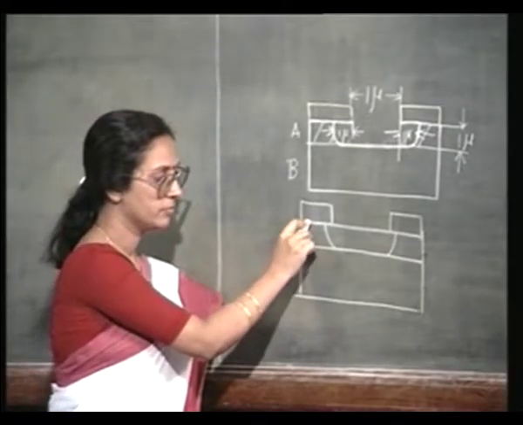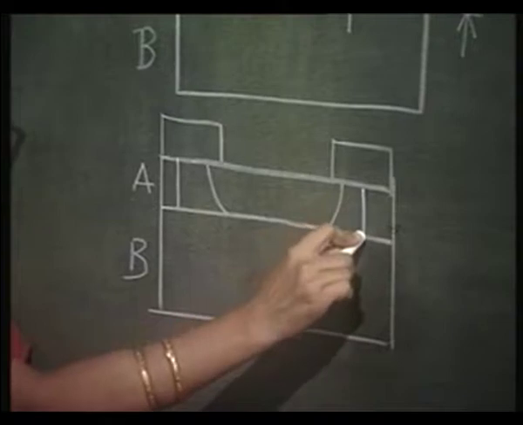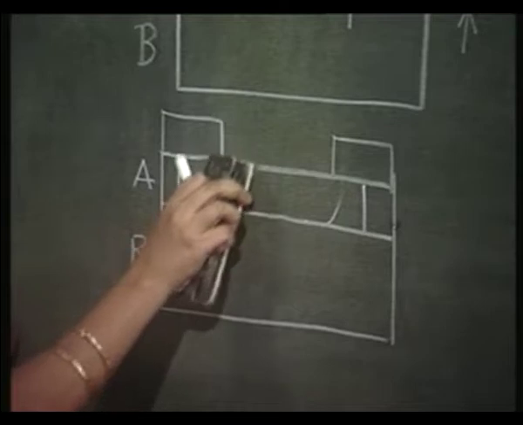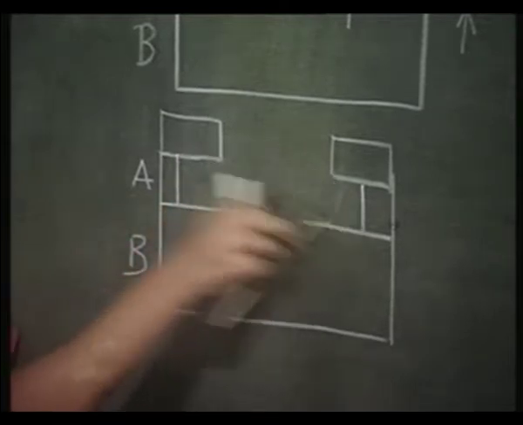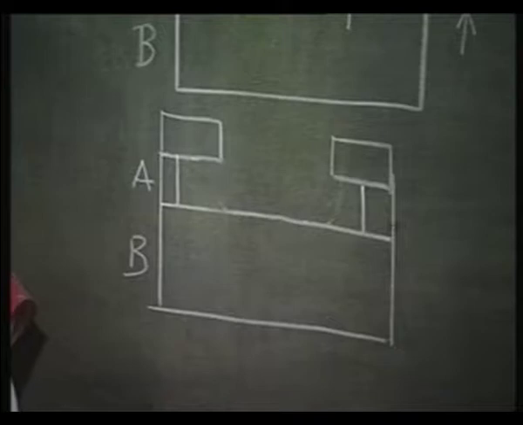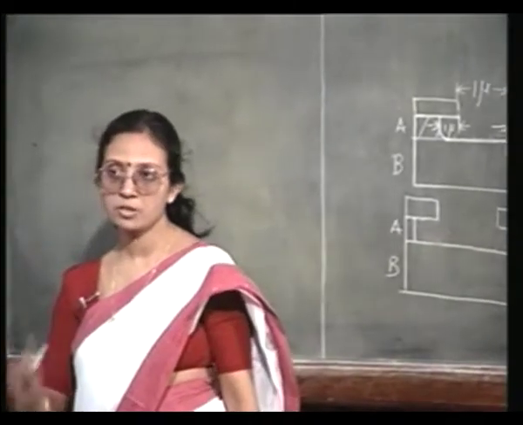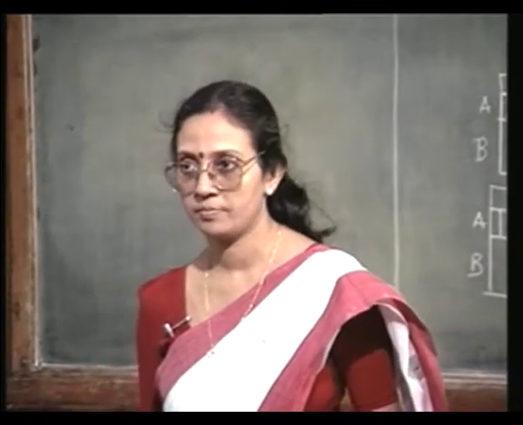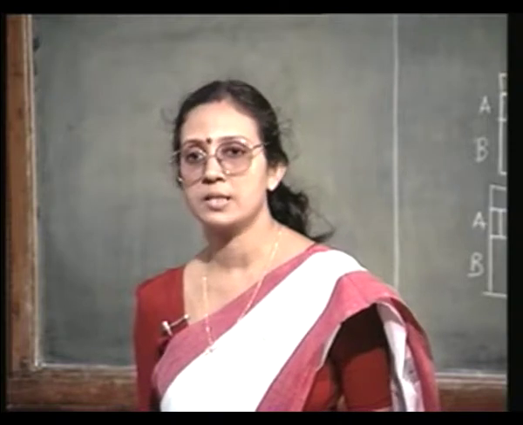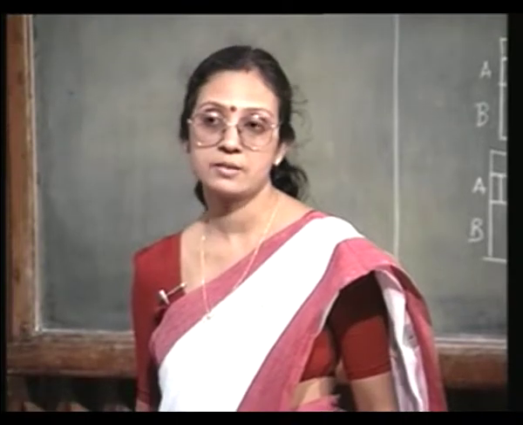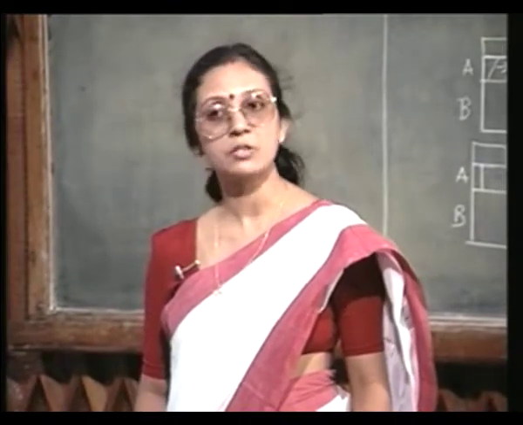So, I will have almost vertical sidewalls. Do you realize the problem? The problem is twofold. First of all, anyway I am going to have an undercut, because the etching solution is etching both the horizontal and the vertical surfaces, if not at precisely the same rate, at least at a comparable rate.